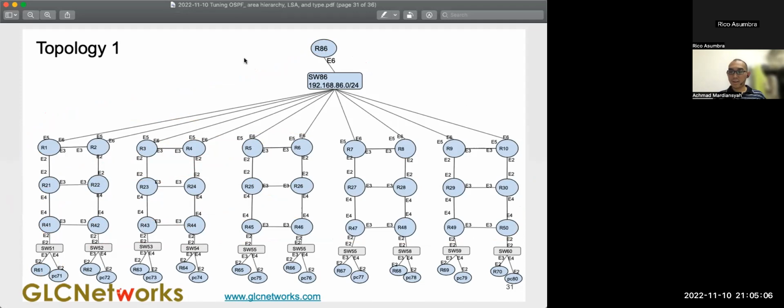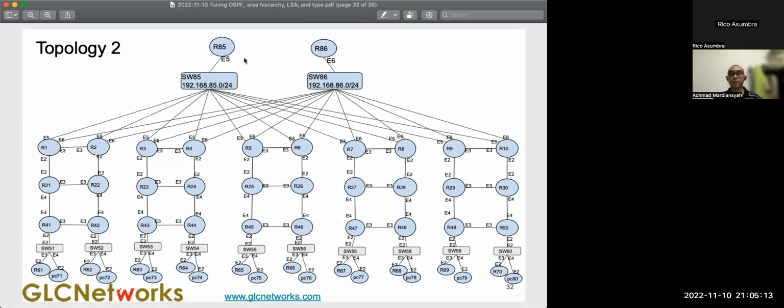Is it possible that we have more than one ASBR? Yeah, it's possible. So you have two ASBRs like this. How do they go to the internet?